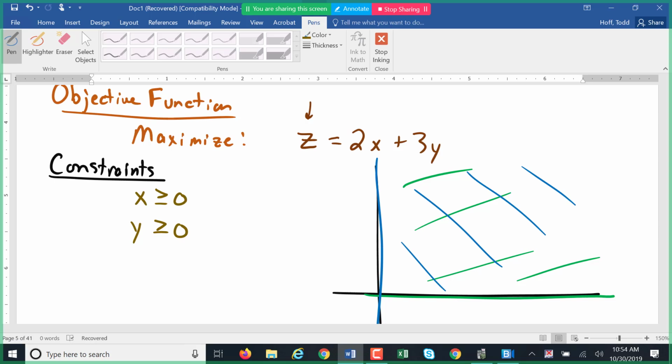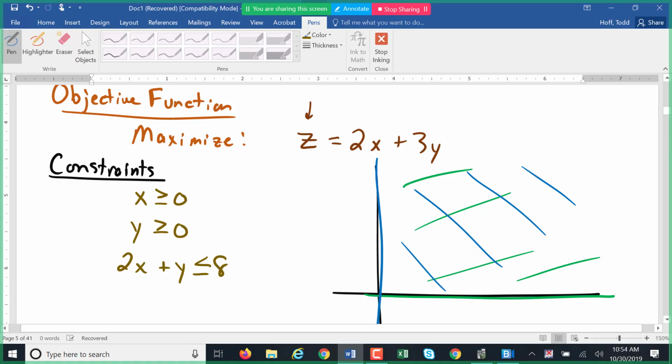So our third constraint is going to be 2x plus y is less than or equal to 8. Notice, by the way, that all these are less than or equal to. If they're strictly greater than or less than, it causes issues with maximizing the function.